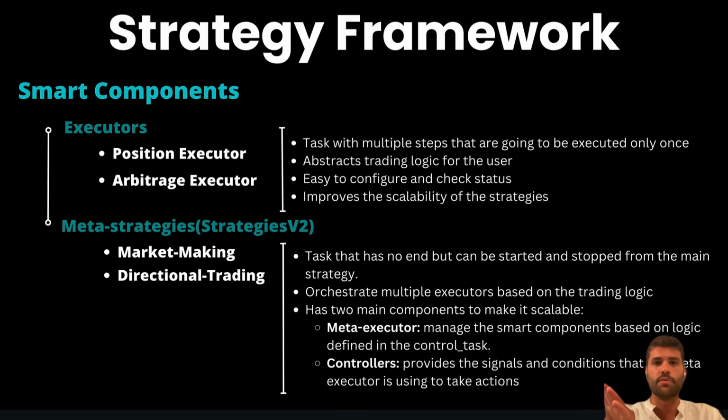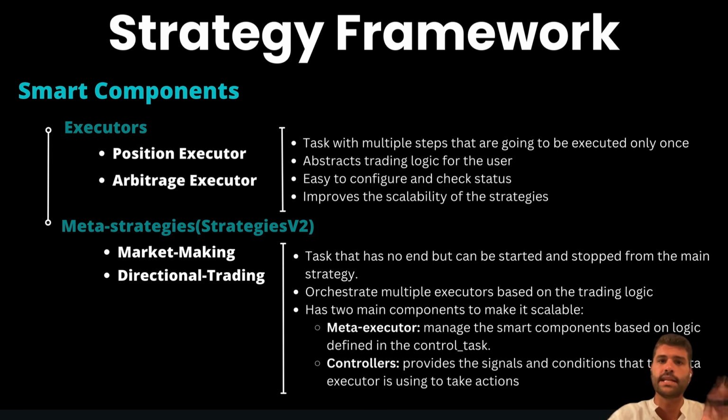That execution logic will always be the same. For example, for the market making, there is one file that is the market making executor. That file is not going to change. What is going to change is the controller. The market making executor will ask, hey controller, what do I need to do? Do I need to create executors? Yeah, I need to create these executors.